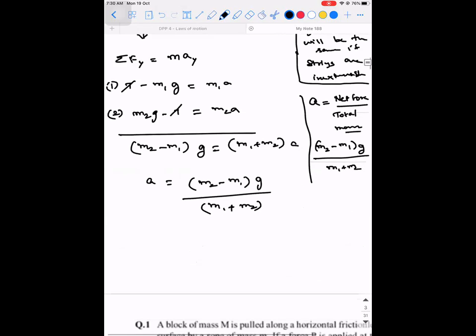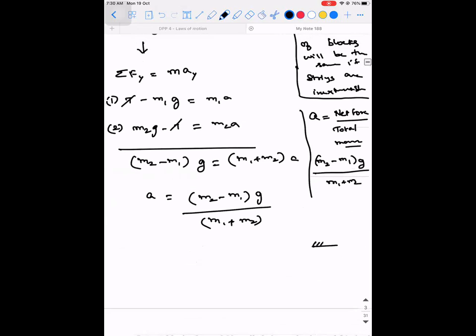Now I'll give you a small question. You people tell me how to solve this. M1, M2 and M3. M1 is greater than M2 plus M3. So what will be the acceleration?